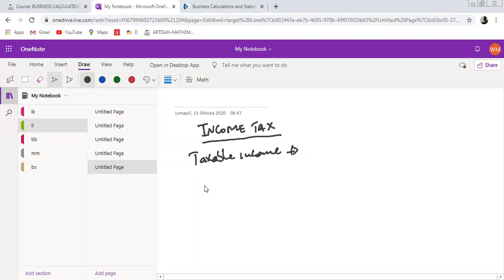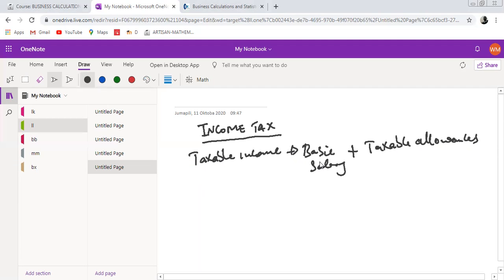To get the taxable income on which we are going to compute the tax, it is normally obtained by adding the basic salary plus the taxable allowances. If you add the basic salary and all the taxable allowances, the amount you get is what we normally call the taxable income.